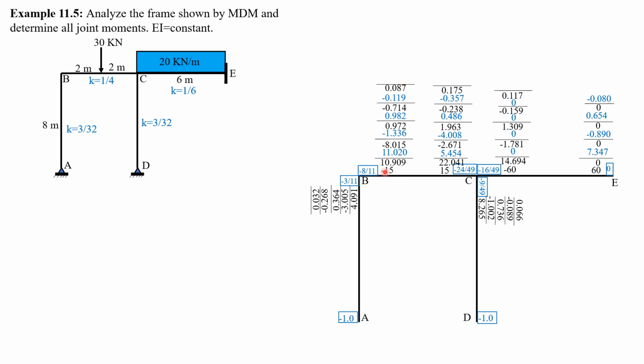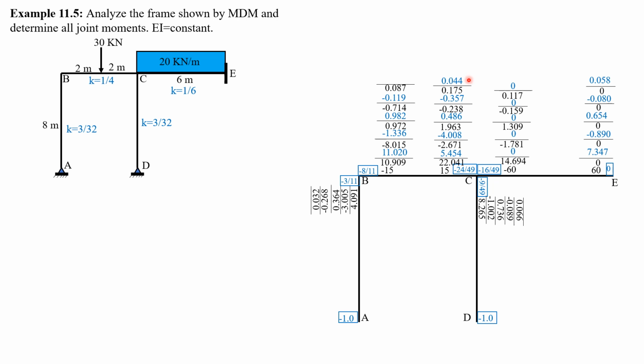0.088 times negative 8 over 11 is negative 0.064, lock finally. 0.088 times negative 3 over 11, negative 0.024, then lock it finally. 0.044 times negative 24 over 49, negative 0.022, and lock finally.